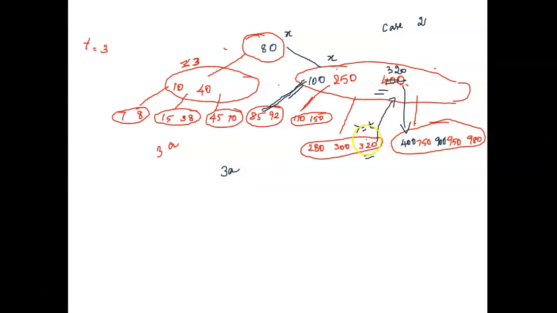Okay, so 320 will be taken out of this. Fine. Then this is x. Now I turn my x to here and I find 400 here. This is simply a leaf. Just delete this.